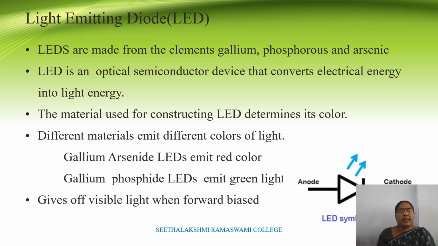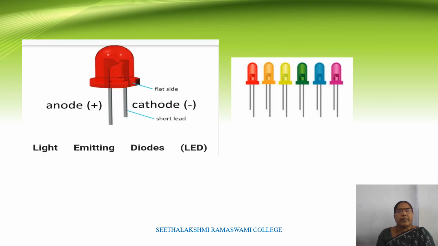The materials used for constructing the LED determine its color. Different materials emit different colors of light. For example, gallium arsenide LEDs emit red light and gallium phosphide LEDs emit green light. LED gives visible light when it is forward biased. The various colors of LEDs are shown in the figure.